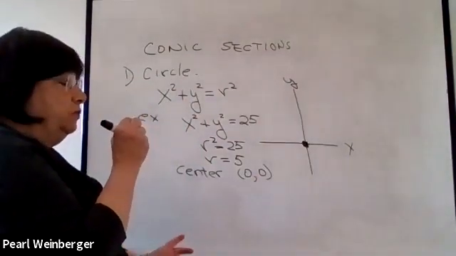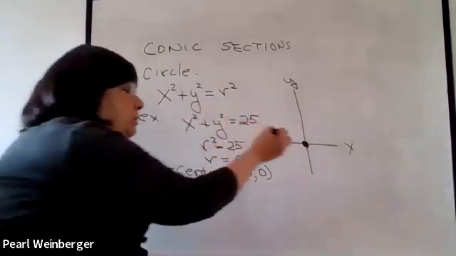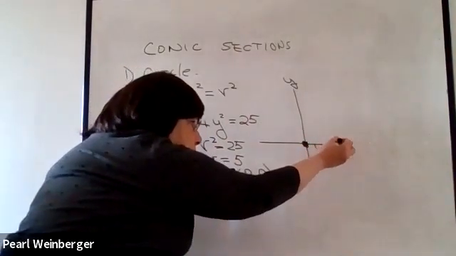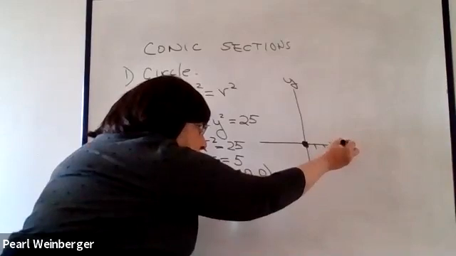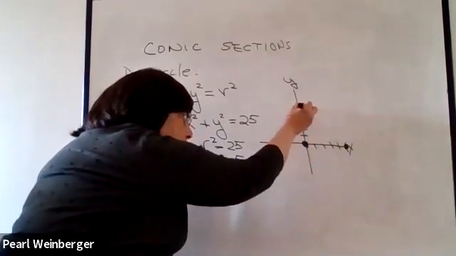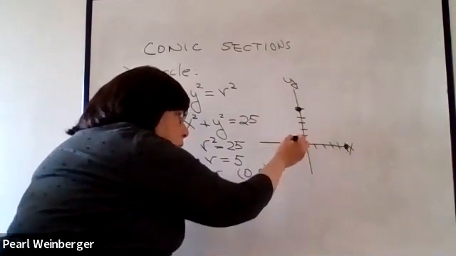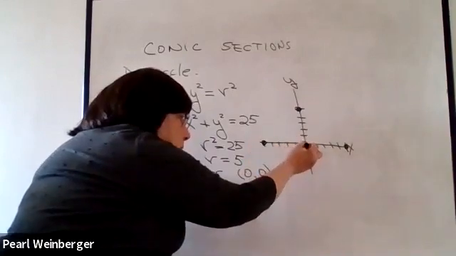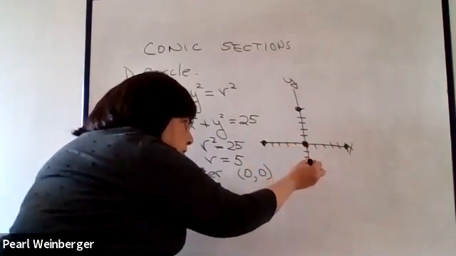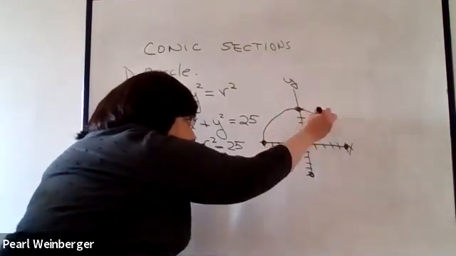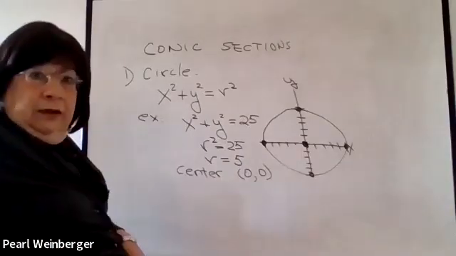The radius is 5. That means I'm going to count 5 in every direction. 1, 2, 3, 4, 5 to the right. 1, 2, 3, 4, 5 up. 1, 2, 3, 4, 5 to the left. 1, 2, 3, 4, 5 down. And if I connect these, not with straight lines but curvy, I will get a circle.